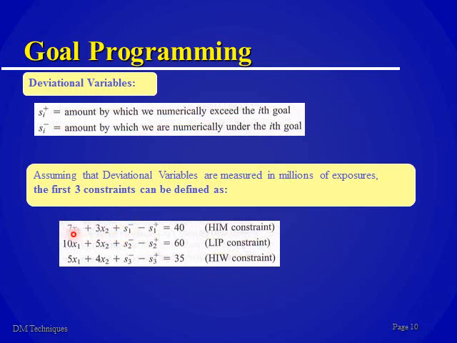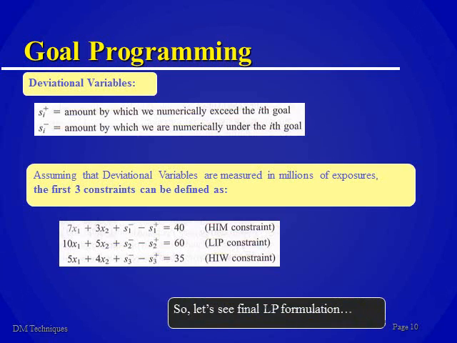Let's say a solution was infeasible because we were not able to meet this constraint, so instead of 40, we came up with 38. By using that equality constraint, we make sure that we get a feasible solution, because now s sub 1 minus will have a value of 2, for example. And the same thing for the second constraint for low-income people, and the third constraint for high-income women.